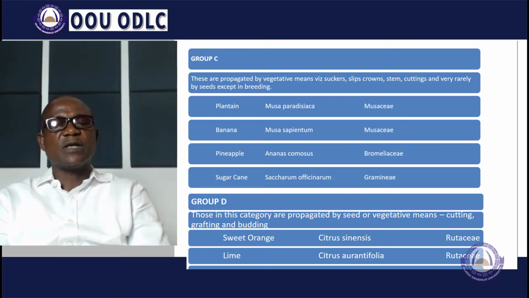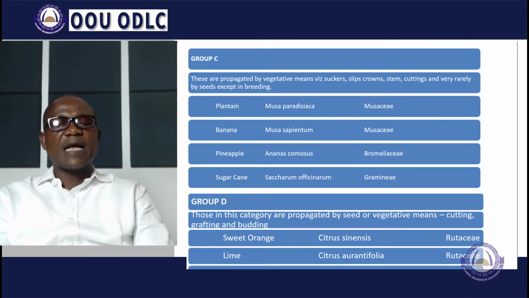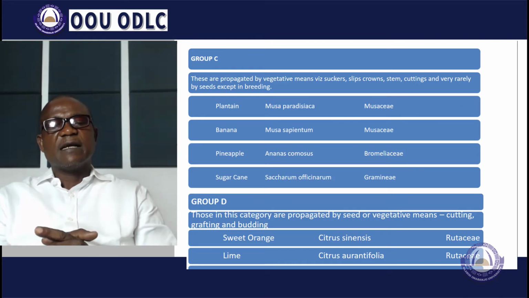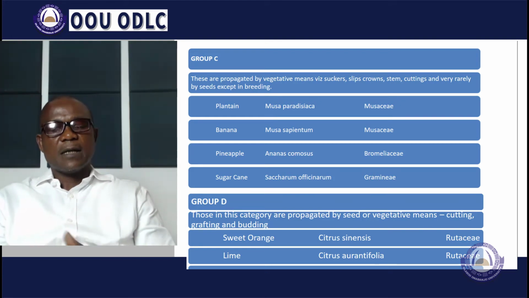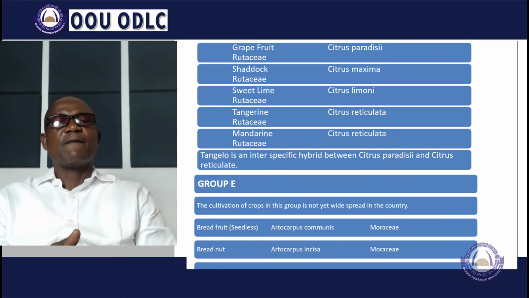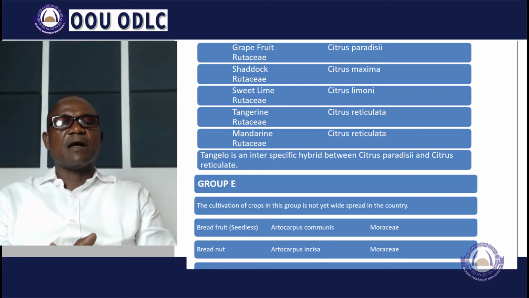Those in Group D category are propagated by seeds or vegetative means, that is, through cutting, grafting, and budding. Examples here include sweet orange, lime, lemon, king orange, grapefruit, shaddock, sweet lime, tangerine, mandarin, etc. However, it should be noted that Tangelo is an interspecific hybrid between Citrus paradisi and Citrus reticulata.